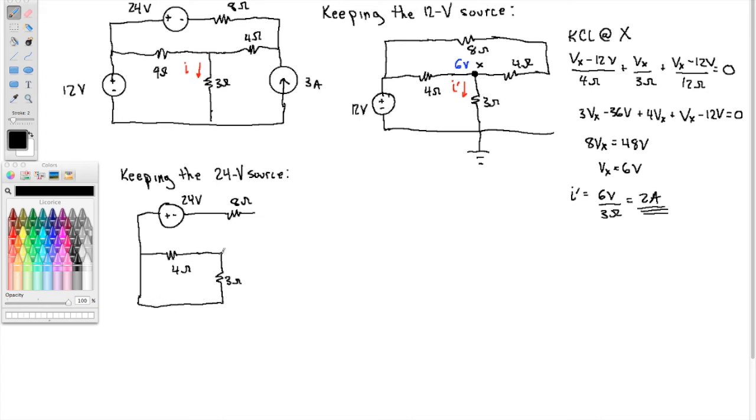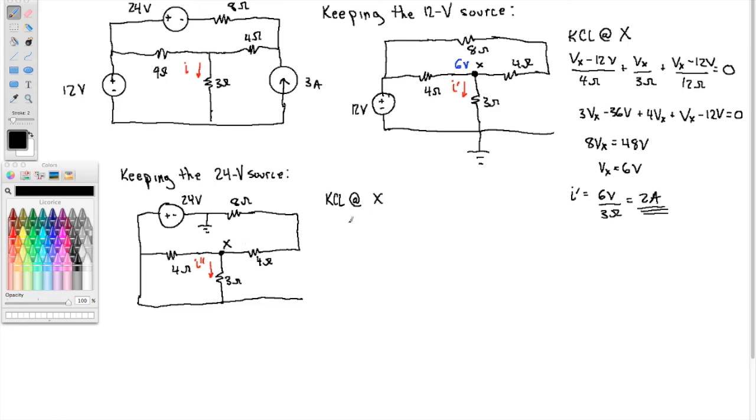Three ohms, 4 ohms, and the current source becomes an open again. And here's the current that I'm looking for. Let's call that I double prime. Okay, again, if I want to call this ground, then I can do this in a very similar manner to what I just did over here. Let's do KCL at X.